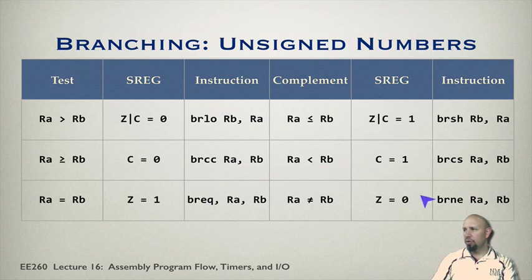So equal is equal, regardless of whether it's signed or unsigned. But notice none of these commands are used for signed numbers. These are all commands used for unsigned numbers. So notice for unsigned numbers, we actually have more commands available for use. So that is how branching relates to these various conditions we would be concerned about.